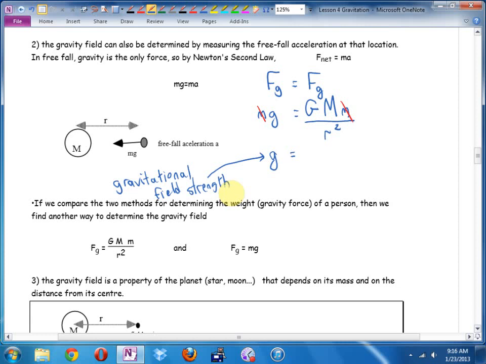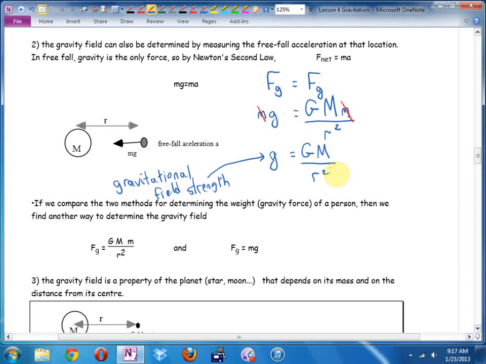And here's how you can calculate it. It looks like you can calculate it by going big G, big M over R squared. Where big G is 6.67 times 10 to the negative 11. That's the universal constant due to gravity. Big M is the mass of whatever planet you're dealing with, which can be calculated.